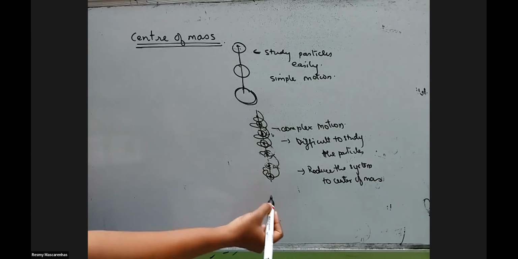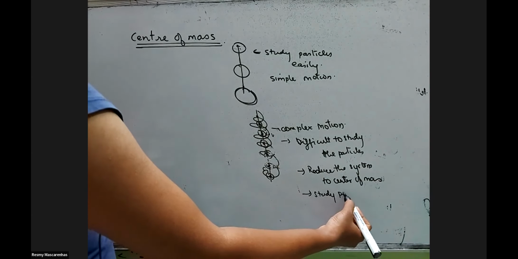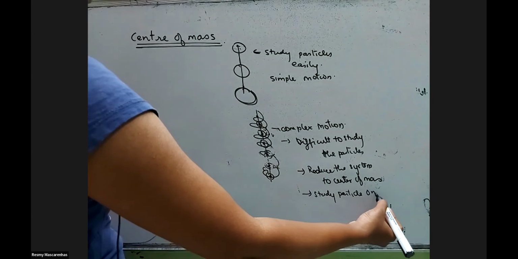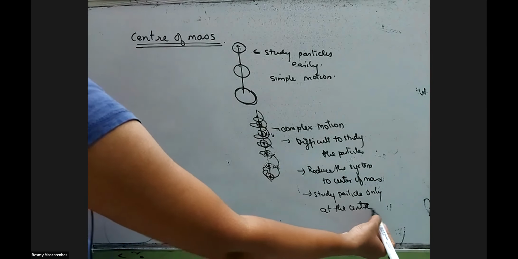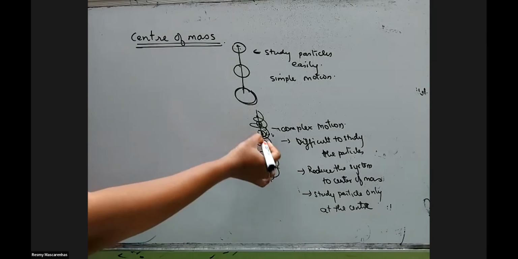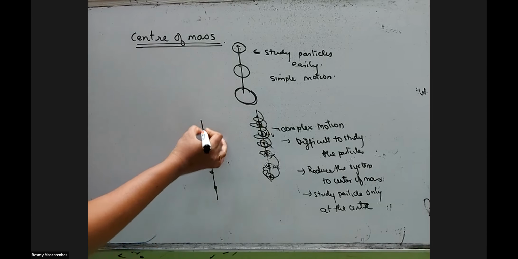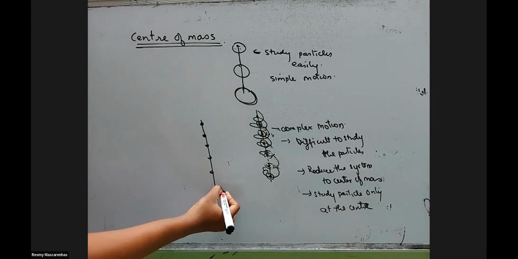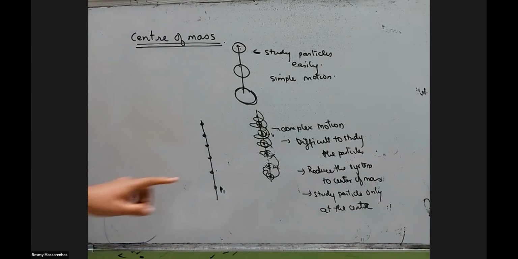So we study particles only at the center. It becomes easier. So now if you are taking only the center particles, very easy to calculate, correct? This is like a particle, whenever it reaches here, it becomes easier to study rather than this. That is why center of mass is important.